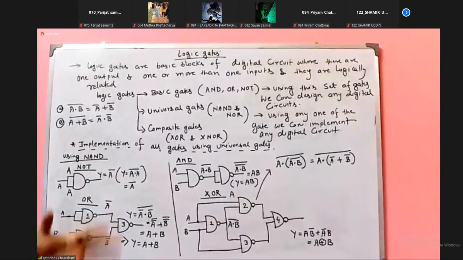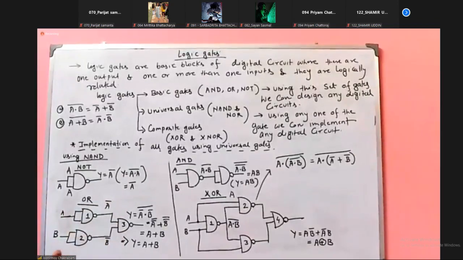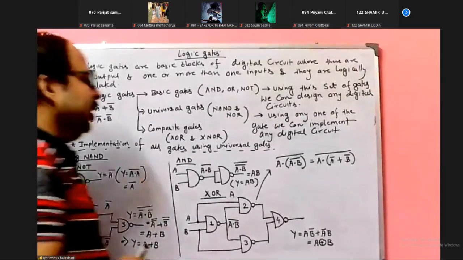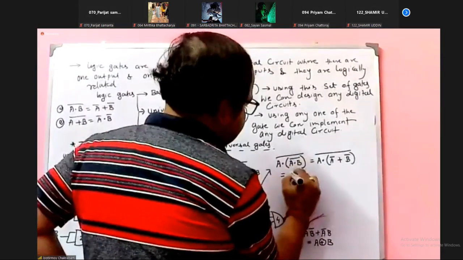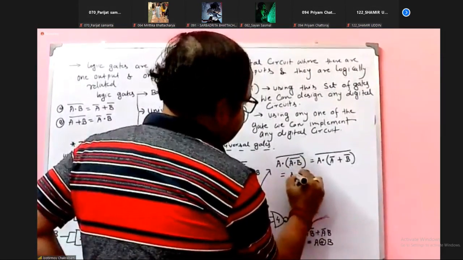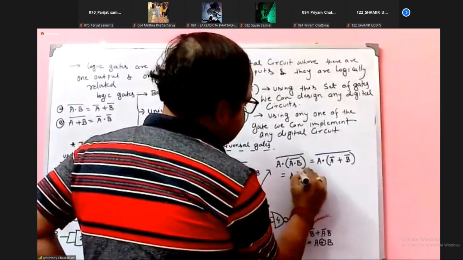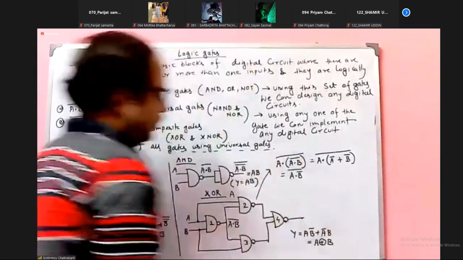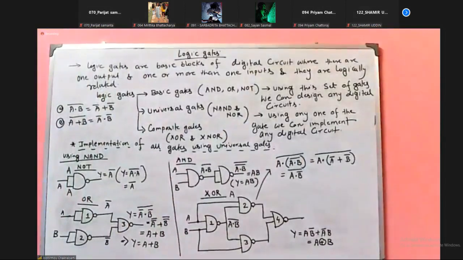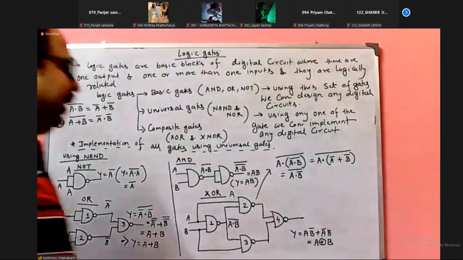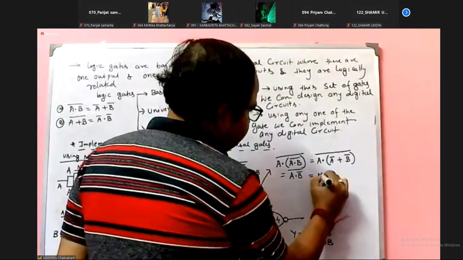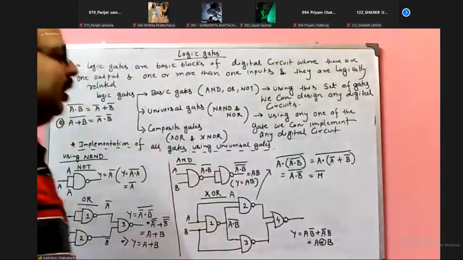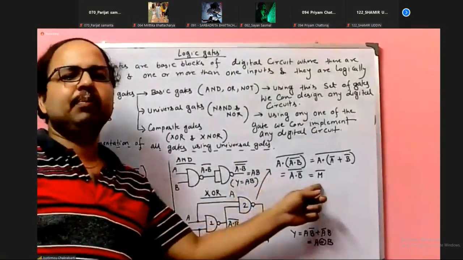So this will remain only a dot b bar whole bar. ঠিক আছে, I can think that is m bar.